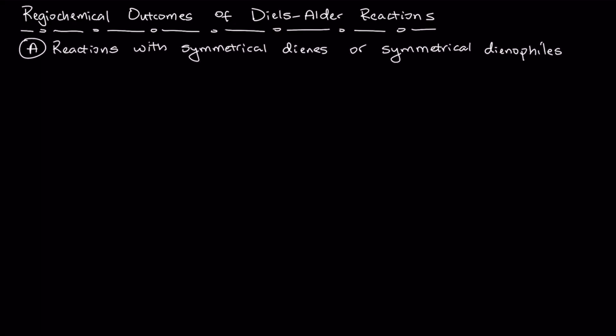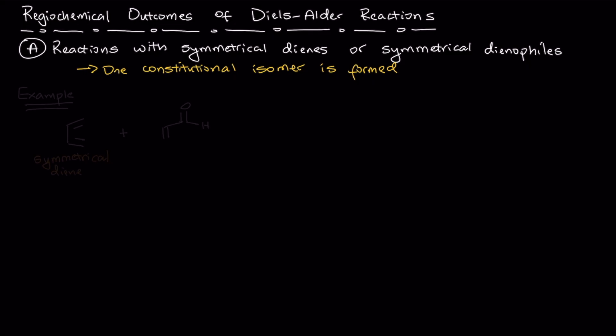In the first scenario, we want to focus on reactions where either the diene or the dienophile is symmetrical. In this scenario, we actually don't have to worry about regioselectivity because a molecule with only one constitution is formed, or one constitutional isomer is formed in this scenario.